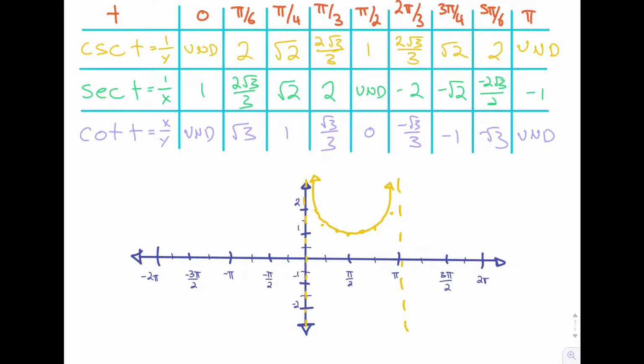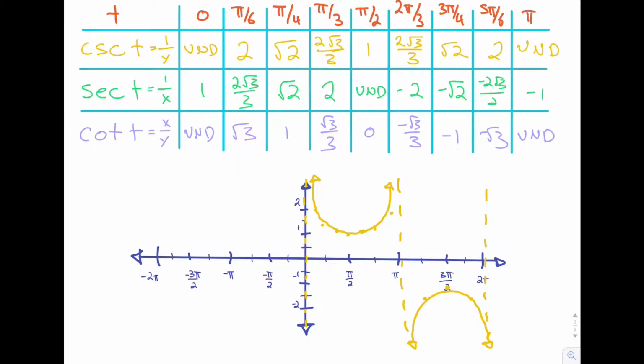Just like that. And then, like we said earlier, since now we're moving on to the bottom half of the unit circle, we'll take on the same values, just negative. So we can draw a few of these here. We'll go here and here, and we'll look like this. And then, since we have this asymptote here, now that we're moving back around to the positive y side of the unit circle, the top half of the unit circle will become positive again.